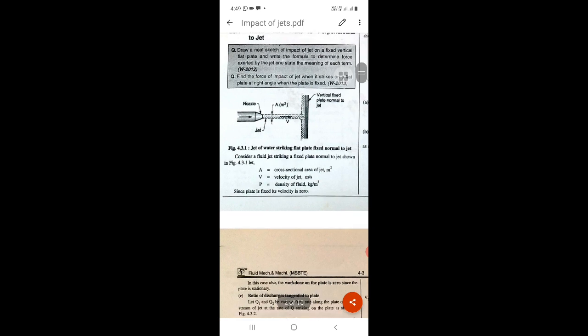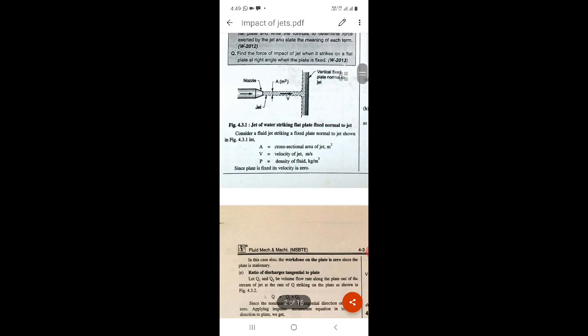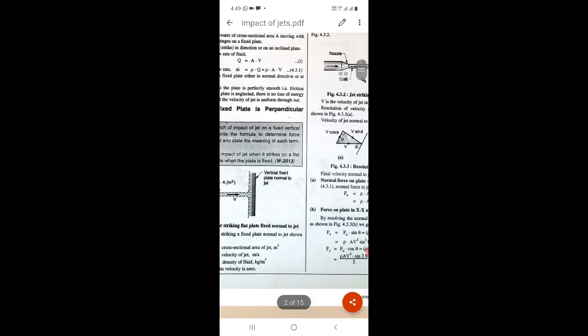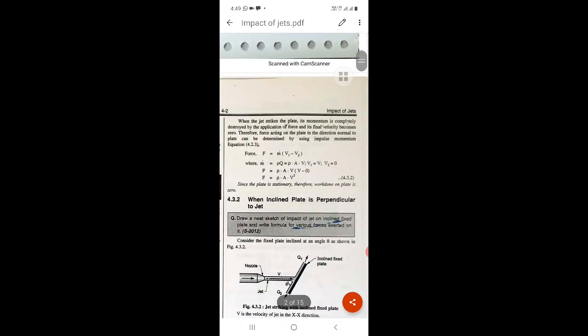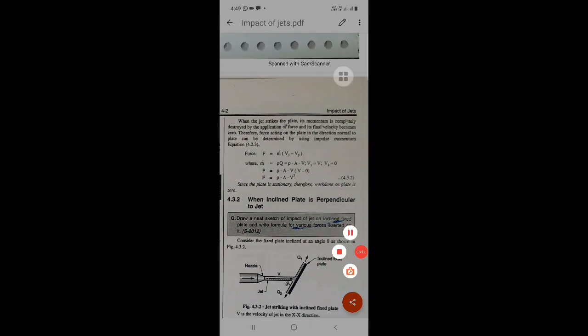Let A be the cross-sectional area, V the velocity of the jet, and rho the density of the fluid. Since the plate is fixed, its velocity is 0. We already know that when the jet strikes the plate, its momentum is completely destroyed by the application of force.